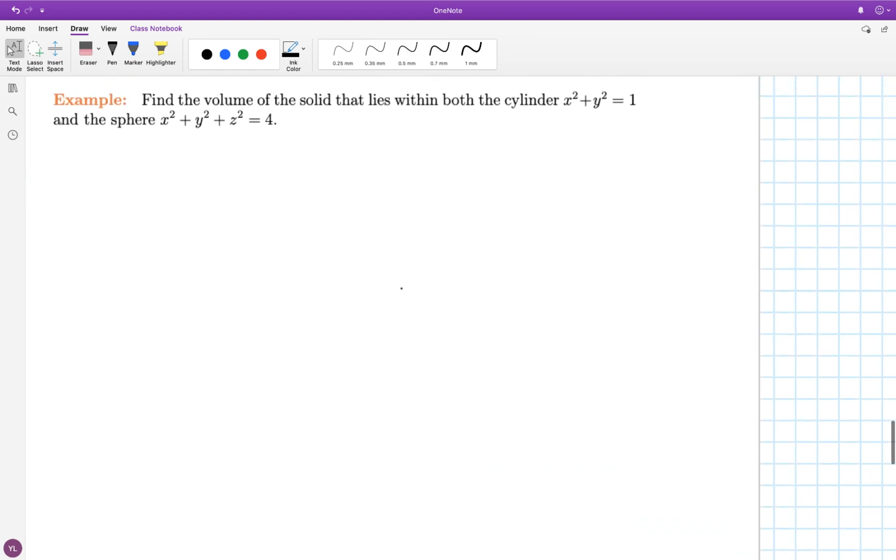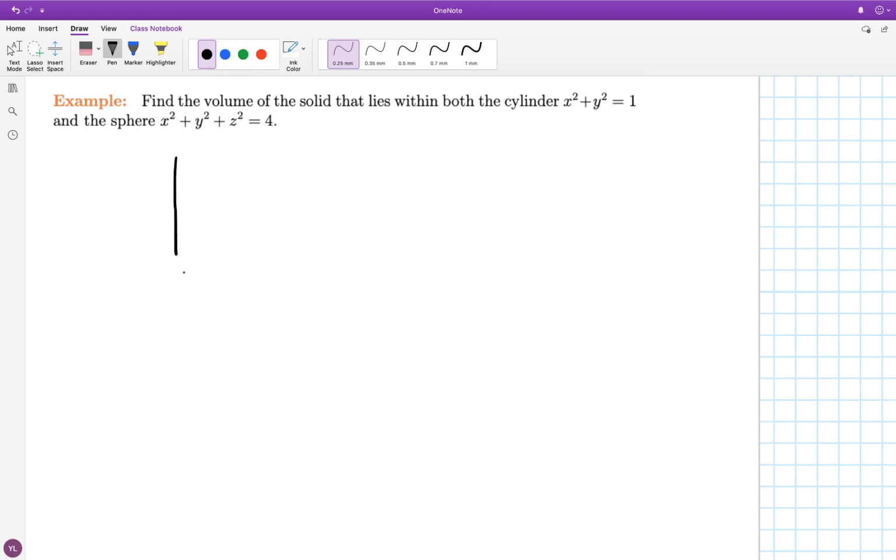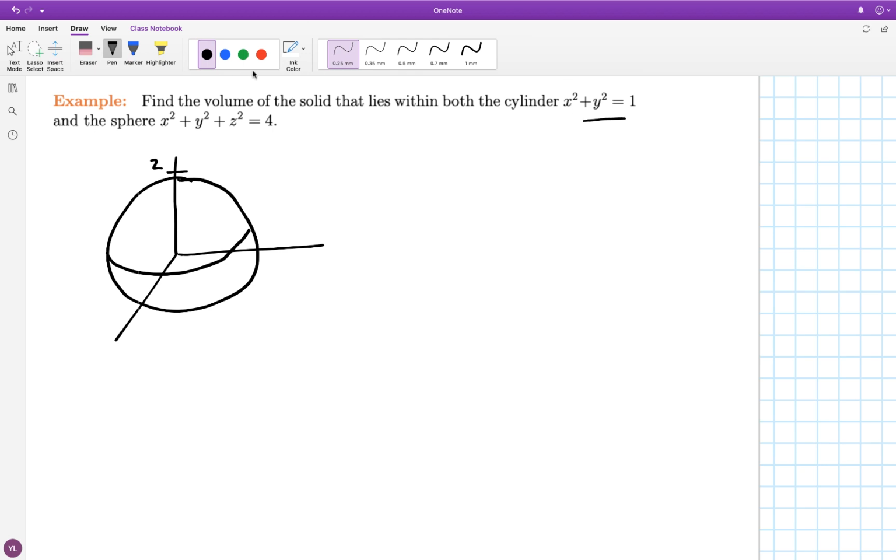Okay, one last example. Let's use cylindrical coordinates to find the volume of the solid described here. So I've got a sphere of radius 2. There we go. And then a cylinder, circular cylinder that has radius 1. So that would be more like this.